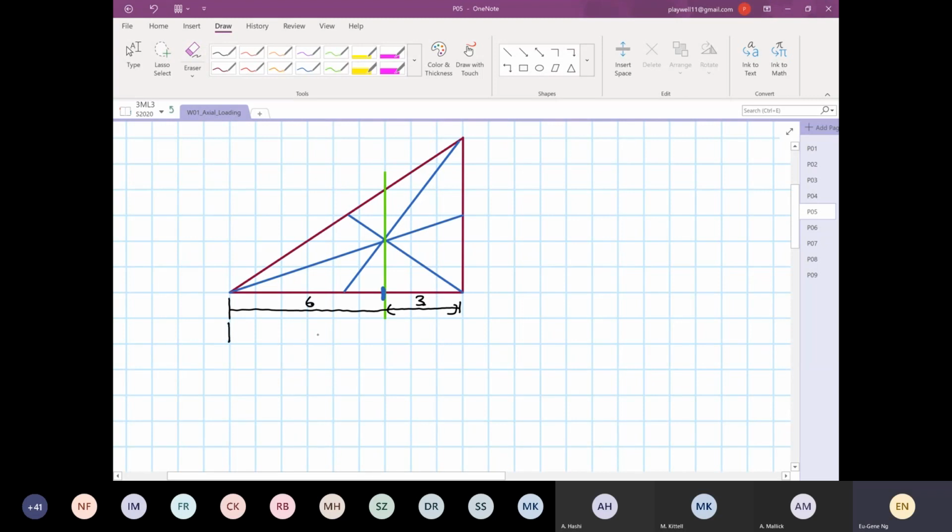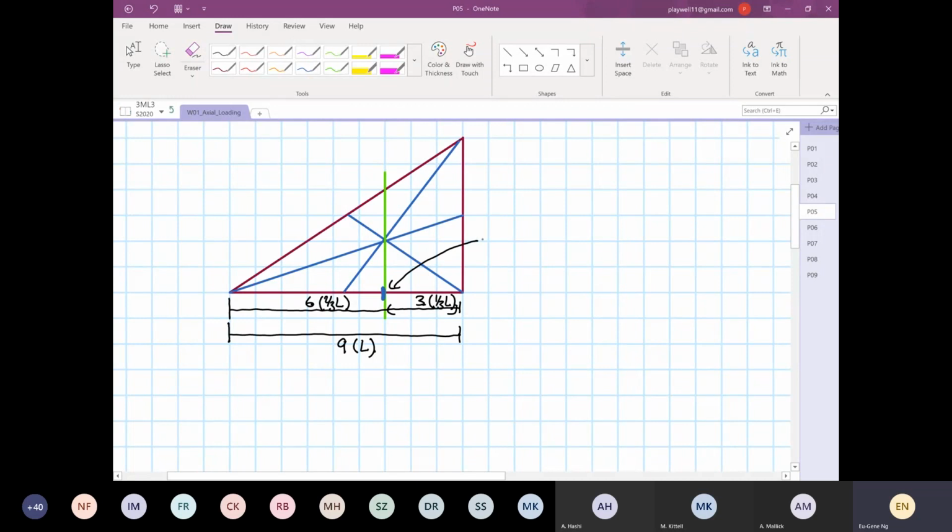The entire distance is 9. And if that's the case, I call this L. This will be 2/3 L, and this will be 1/3 L. So that's where the equivalent load will be acting.